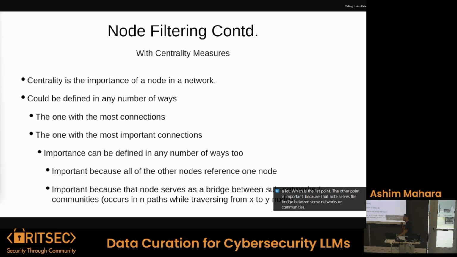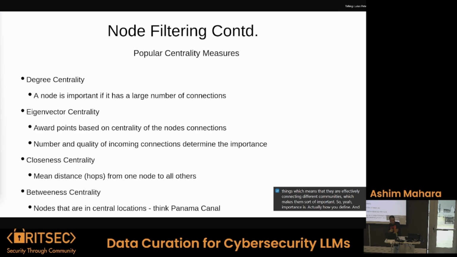There might be news websites that report on cybersecurity, but the same news site might also report on the business side of things, which means that they are effectively connecting different communities, which makes them important. So importance is how you define it and then convert it to mathematics. Looking at some popular centrality measures, there's degree centrality, which we have talked about. Eigenvector centrality, this is what I used.